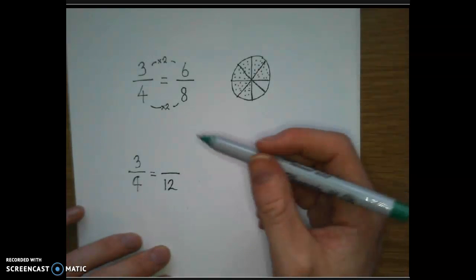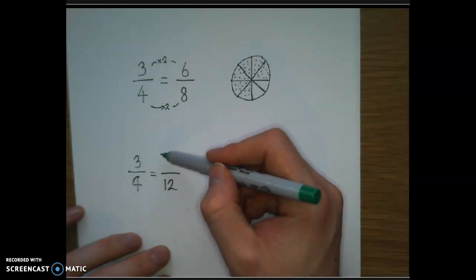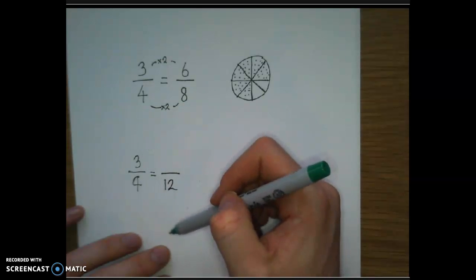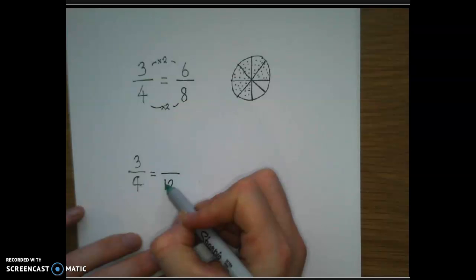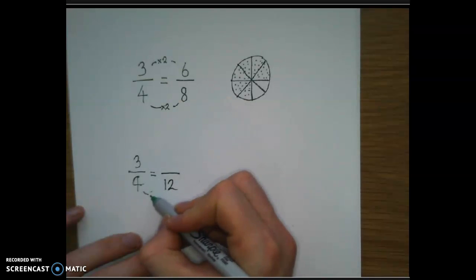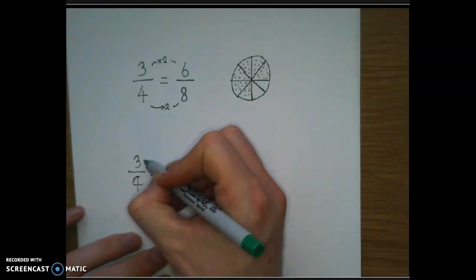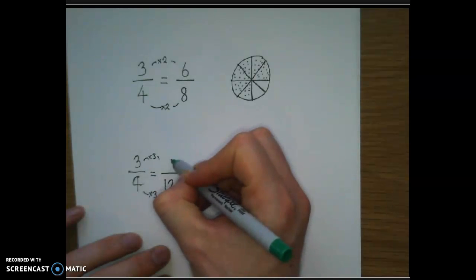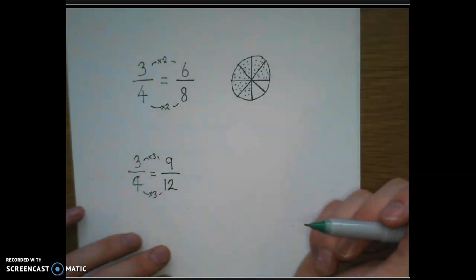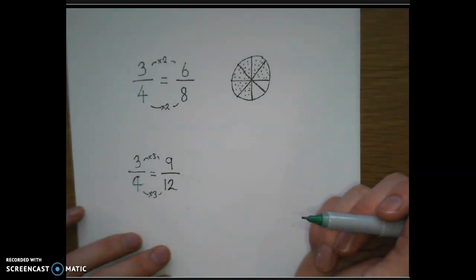Well, remember, you do the same thing to the bottom as to the top. How does 4 become 12? Well, 4 times 3 is 12. So 3 times 3 is 9. So they are the same.